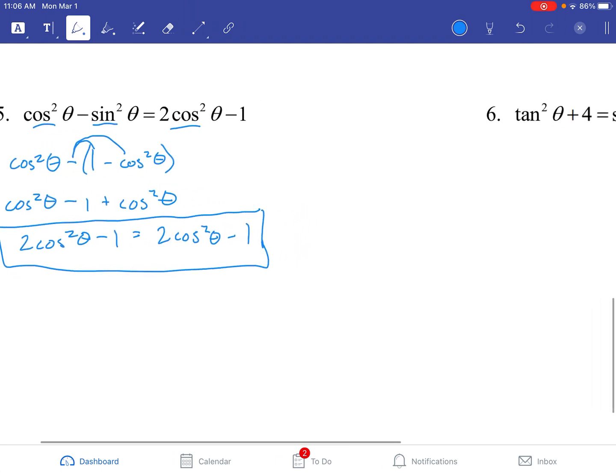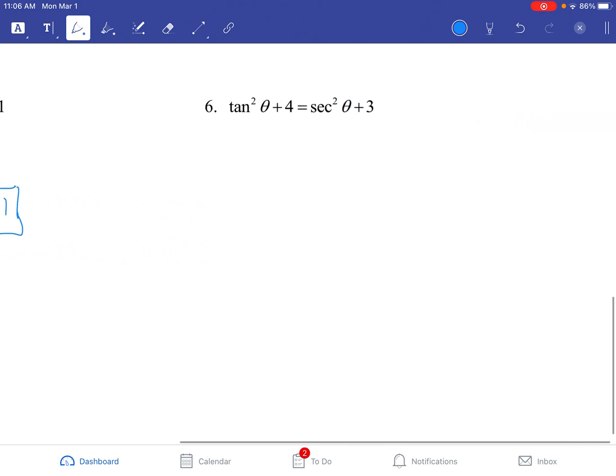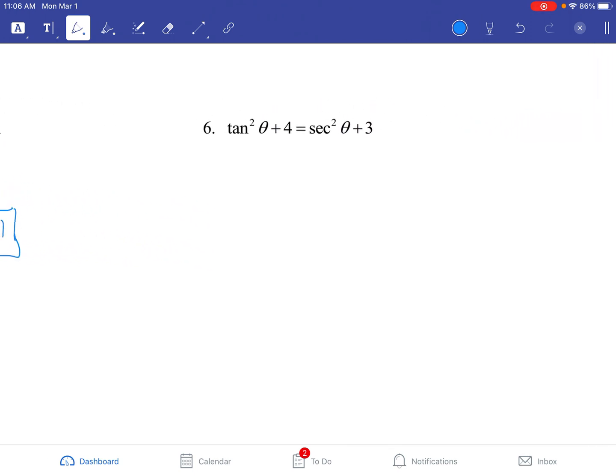All right, number 6. So I have tangent squared plus 4, and then I have secant squared plus 3. Because I have these things that are squared, I'm going to look at my Pythagorean identities. I can tell that tangent squared and secant squared are in the same Pythagorean identity. So I'm going to turn the tangent into the secant.